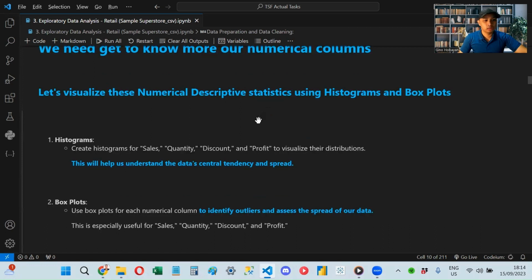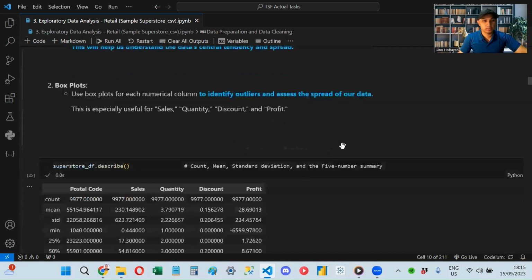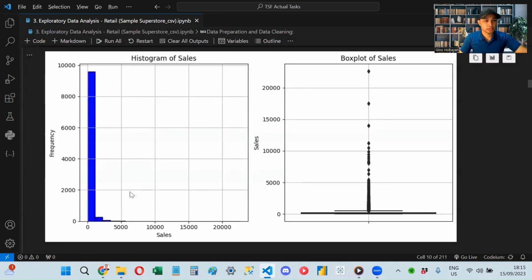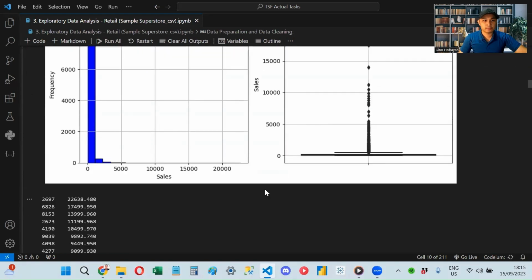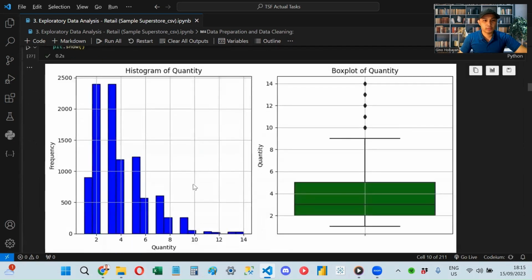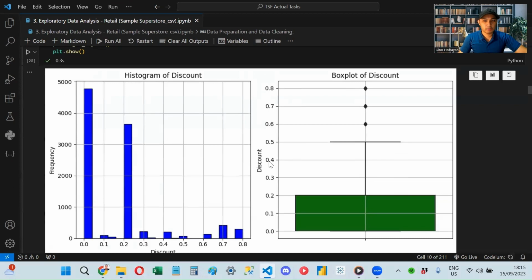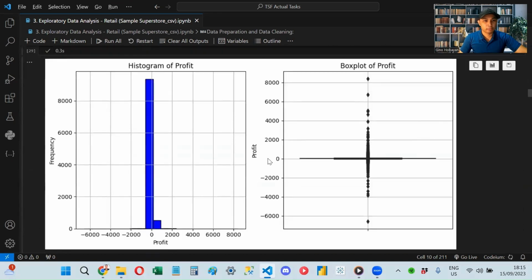Here, I'll use histograms to help us understand the data's central tendency and spread, while box plots identify potential outliers. For sales, this is its histogram and box plot. For quantity, for discount, and for profit.